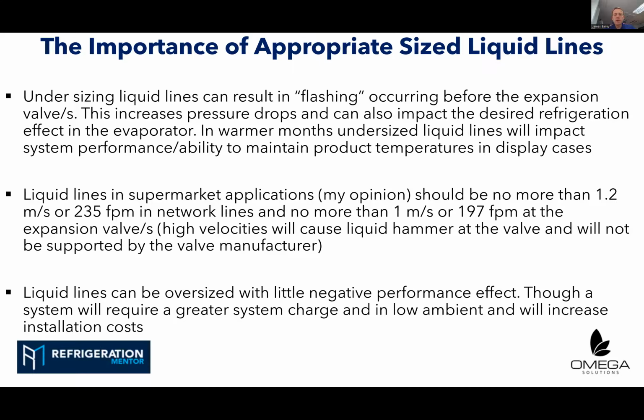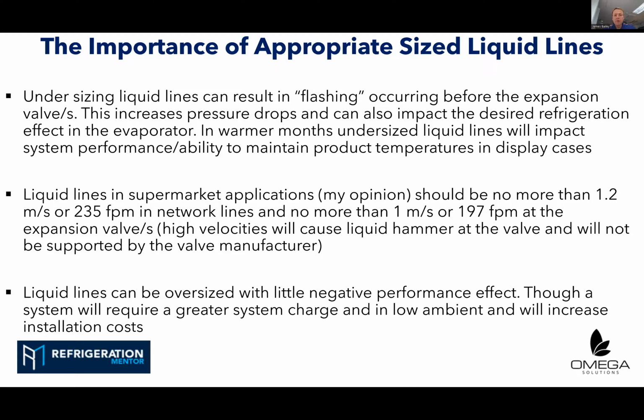Talking a little bit more about undersizing liquid lines, it can result in flashing before the expansion valves. This increases pressure drops and can also impact the desired refrigeration effect in the evaporator. In warmer months, undersized liquid lines will impact system performance, ability to maintain product temperature in display cases, or indeed cold room coolers.